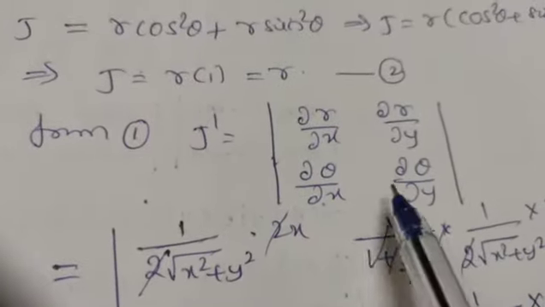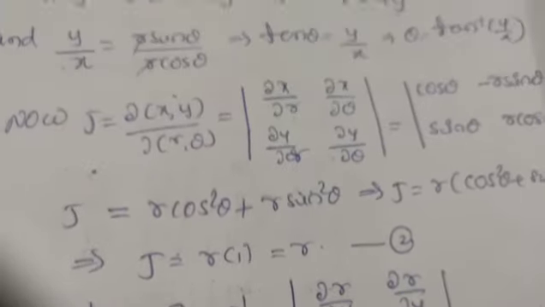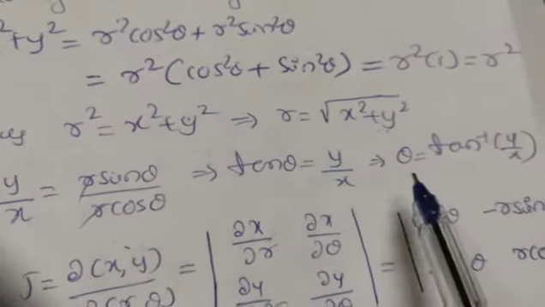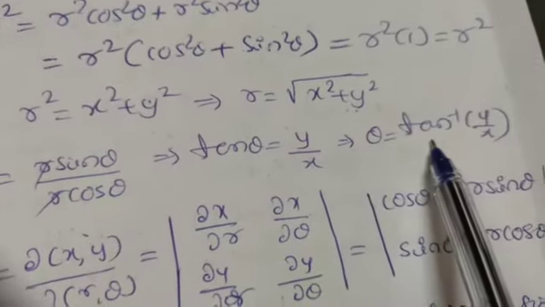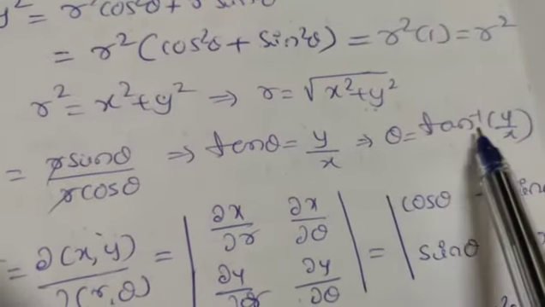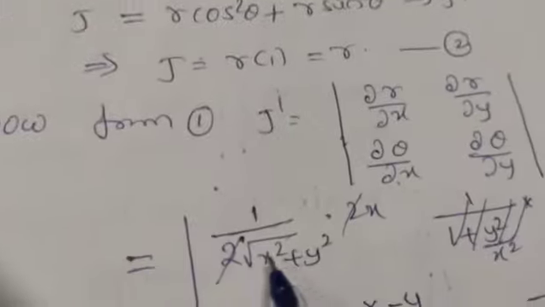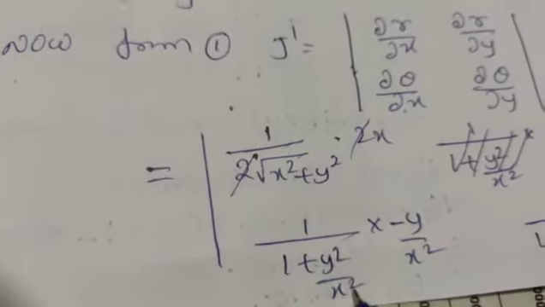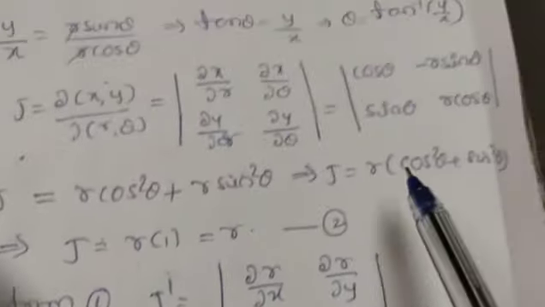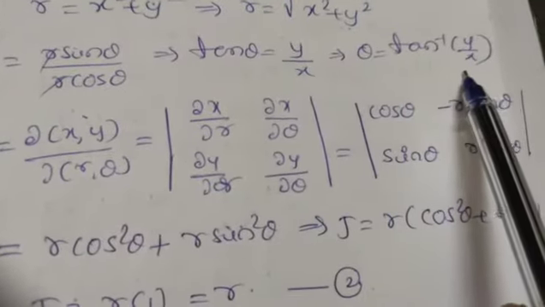And the second row is ∂θ/∂x. You know θ is tan⁻¹(y/x). For ∂θ/∂x, first differentiate tan⁻¹: the derivative of tan⁻¹(y/x) is 1 divided by 1 + (y/x)² into the derivative of y/x partially with respect to x.